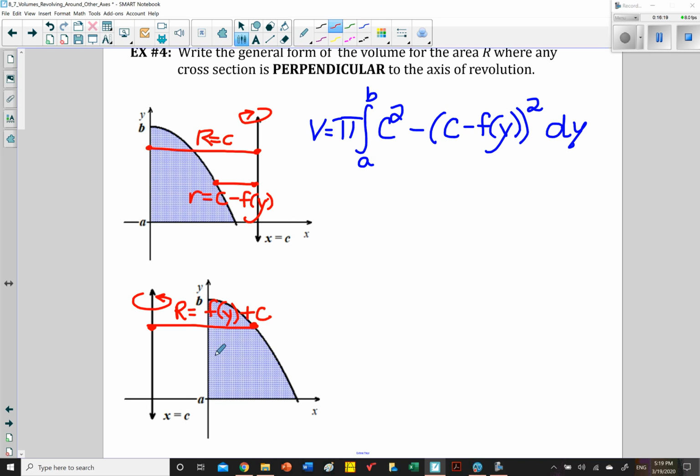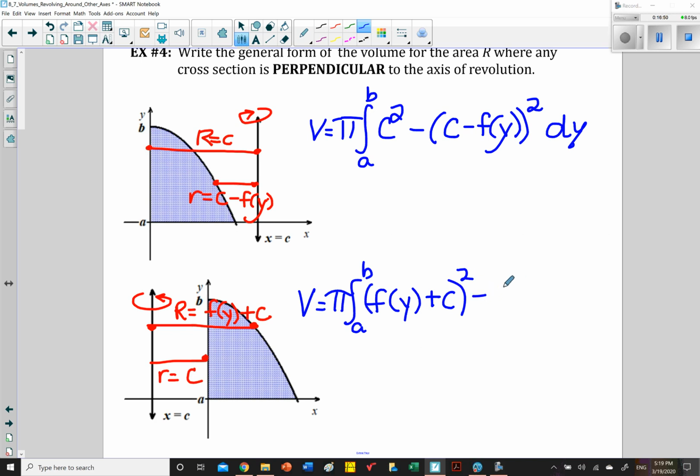And then the baby r is c. And the volume is pi from A to B, the f of y minus negative c squared minus c squared dy. Okay?